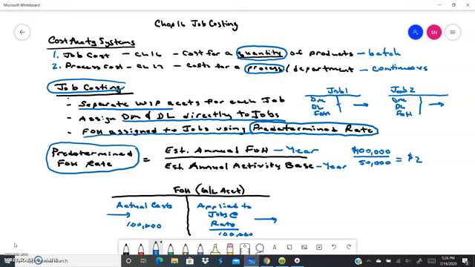And we would have had a zero balance in our factory overhead account. All of our actual costs would have been allocated out in a smooth, pro rata way to all of our jobs throughout the year. And all of our jobs would have gotten a portion of all of those actual costs. So that's why it's done that way.